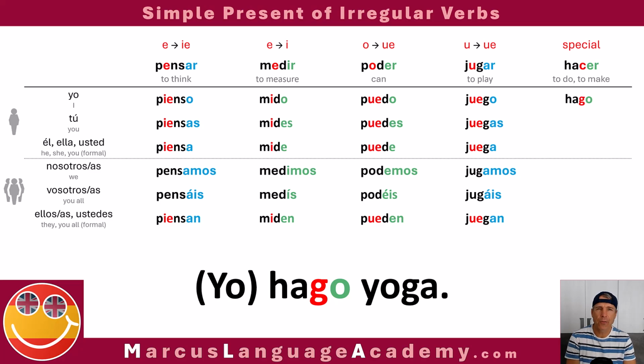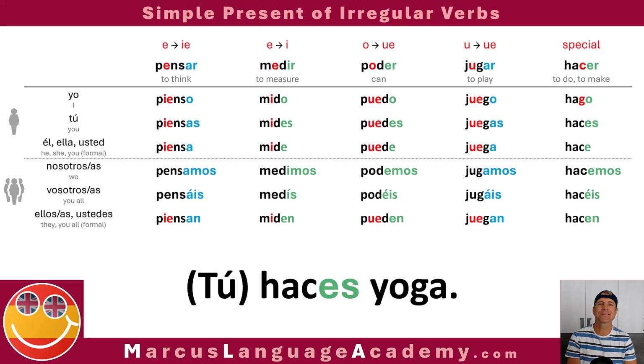The rest is just regular: tú haces, él hace, nosotros hacemos, vosotros hacéis, y ellos hacen. Just the first person. Therefore I call it special, and there are some verbs that are special and have their own conjugation, and we need to know this. But like I told you, I mark this every time with a red color, and when we see example sentences in my course, you will also master everything without any problem.